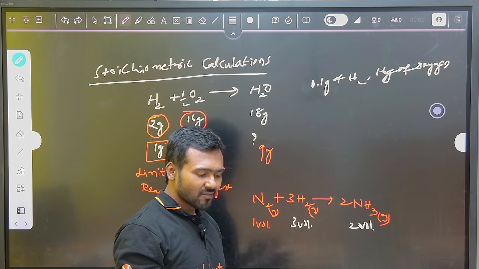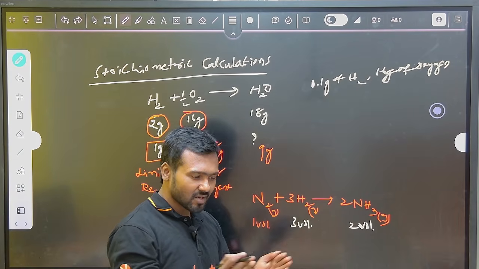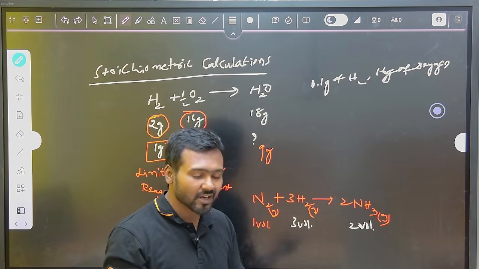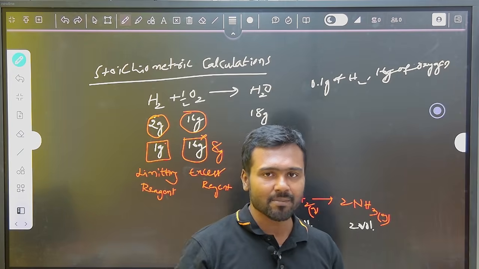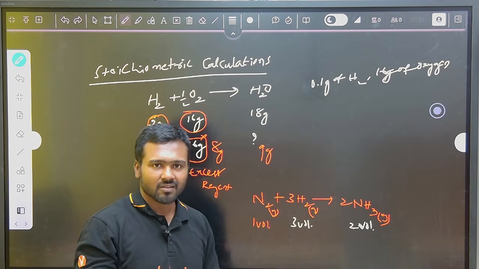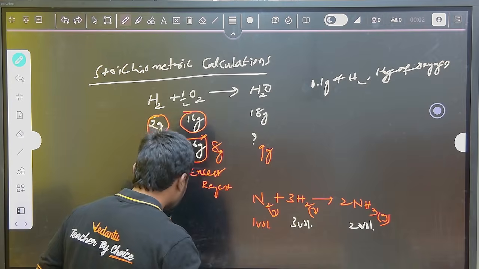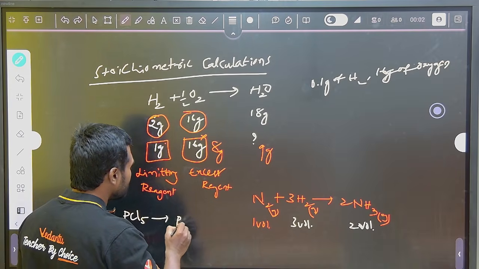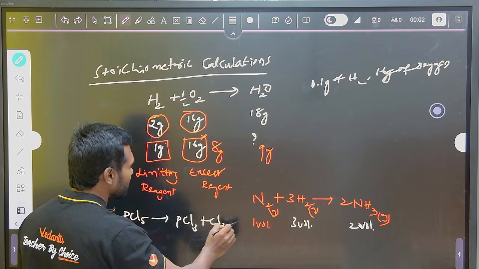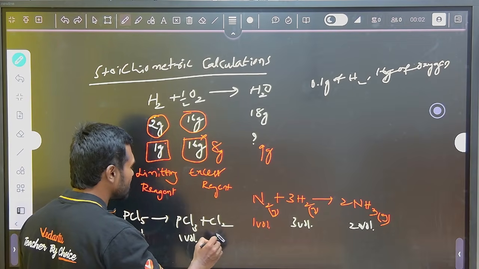That means when the reactants react and form the products, volume contraction happened, the volume decreased. If expansion happens then the volume increases; if contraction happens the volume decreases. Let's take one more example: PCl5 gives PCl3 plus Cl2. Here this is 1 volume, this is 1 volume and this is 1 volume.